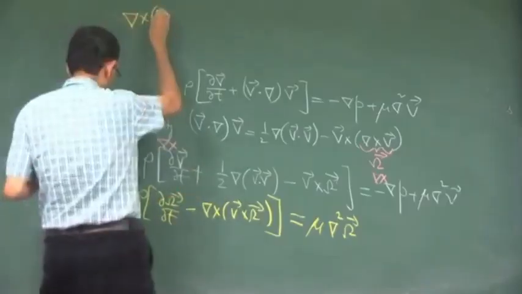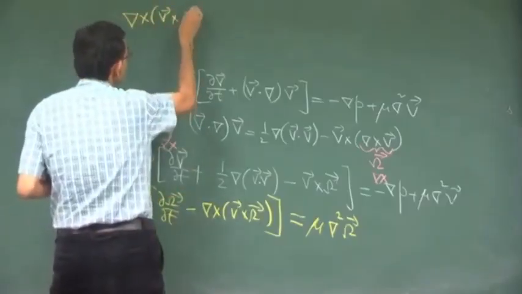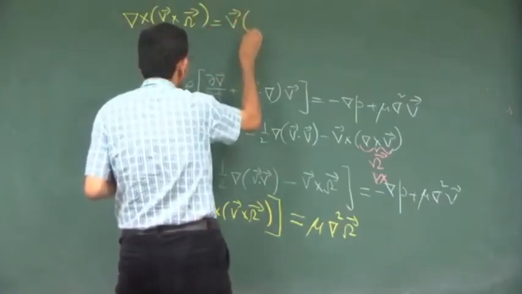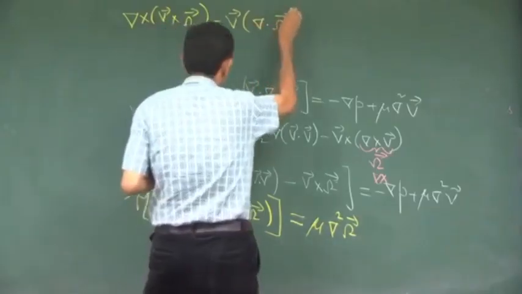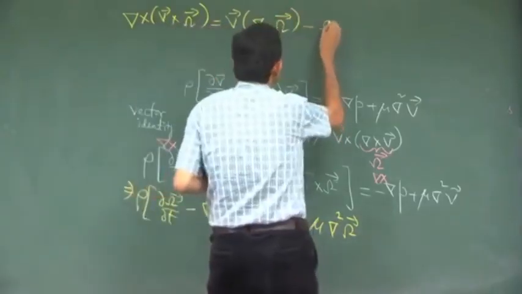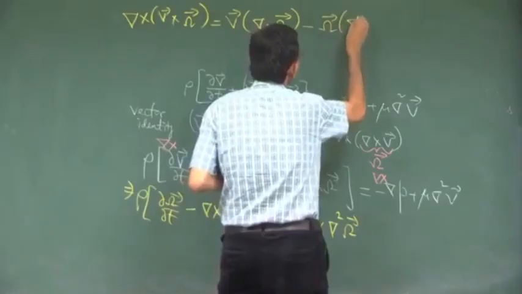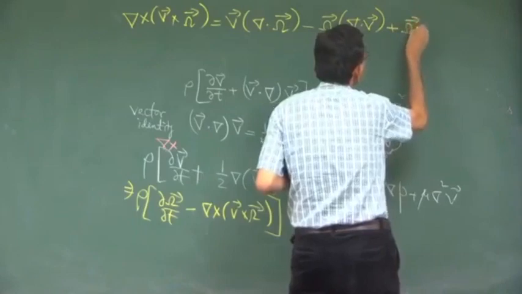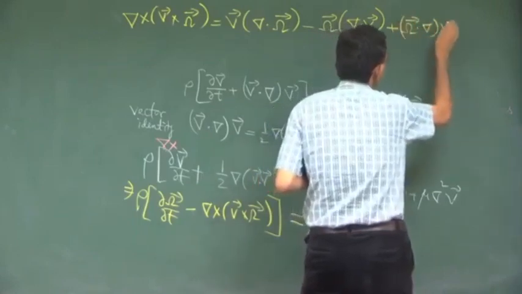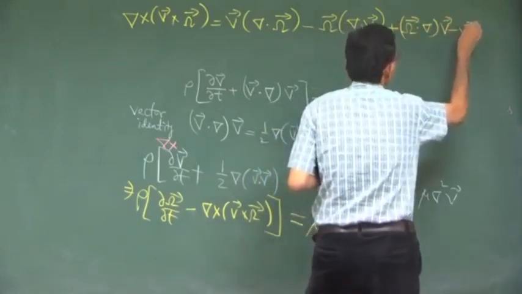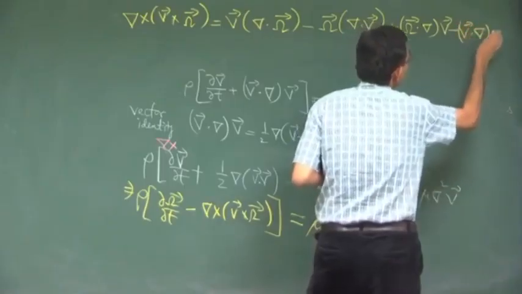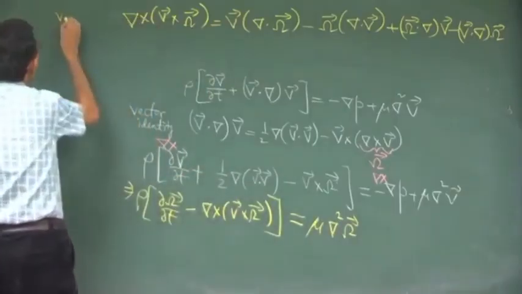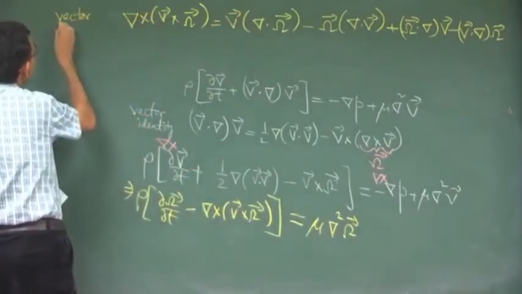So, okay, this is a vector identity. You will get this from any vector calculus book.